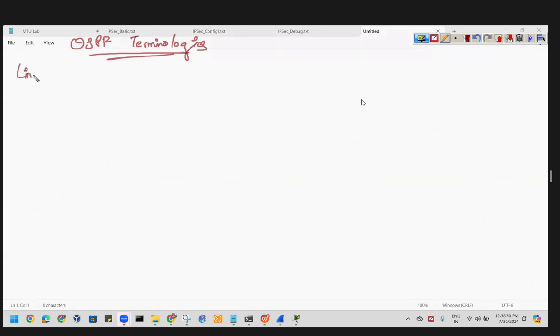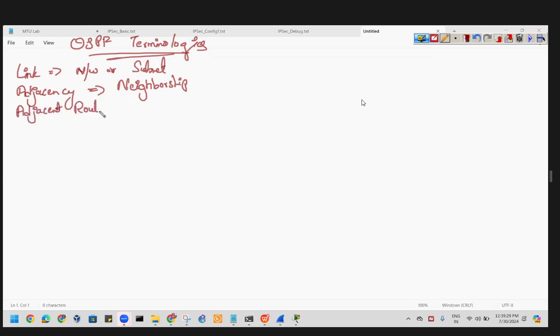Okay, so the first term is link. Link is nothing but a network or connection. Network or subnet that is connected. Then adjacency, that is neighborship. Adjacent router, neighbor router.